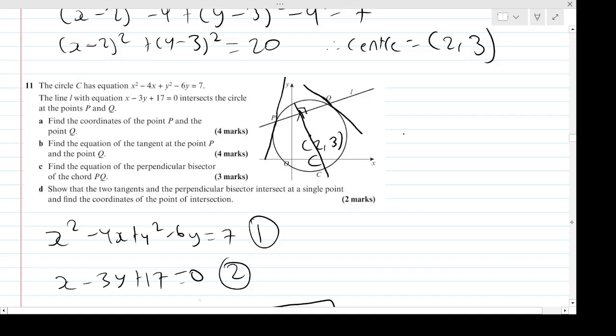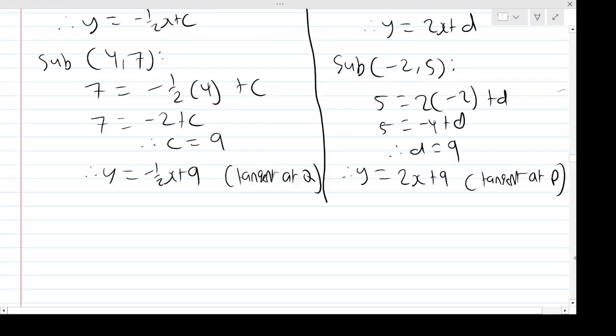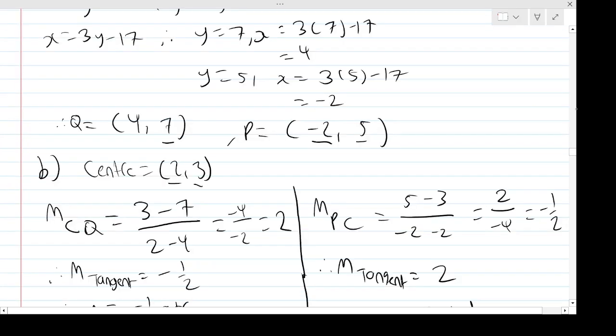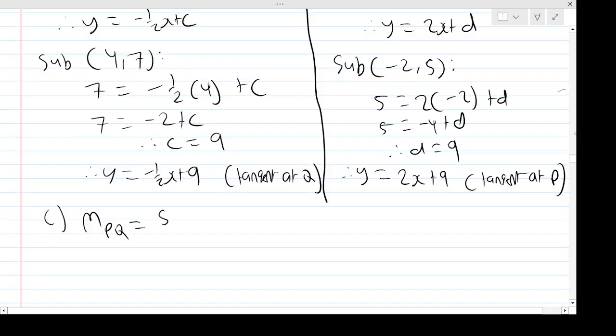So what we can do instead is find the gradient of the line PQ, and then its perpendicular, so we can do the negative reciprocal. So the gradient between P and Q: well, P is (-2, 5) and Q is (4, 7).